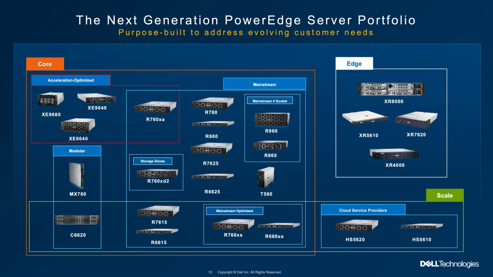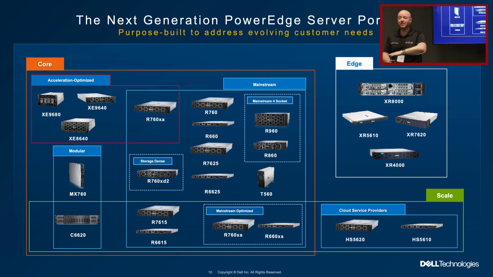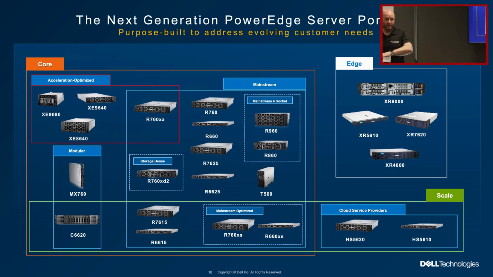We also have some outliers, so XD2, extreme density. This means we can get up to 24 3.5-inch drives in a 2U server rack. Great storage density for things like CCTV, things like backup targets.